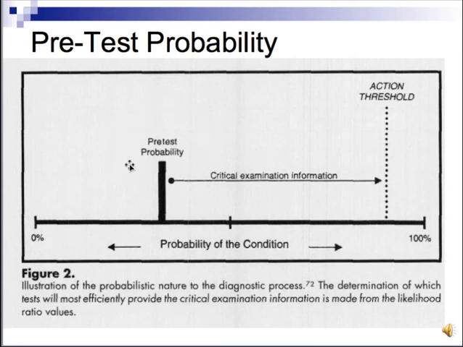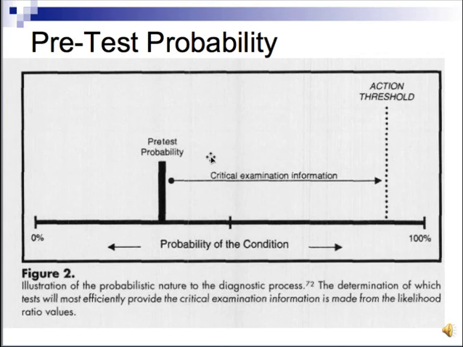So let's start with, what is a pretest probability? Well, essentially, if we are facing off with somebody with an ankle sprain, before we do any tests, we know that some people who have ankle sprains have fractures. So whatever that prevalence of having a fracture after a lateral ankle sprain is, that's the pretest probability. So before we apply a test, we already know to some degree what their chances of having the disease are.